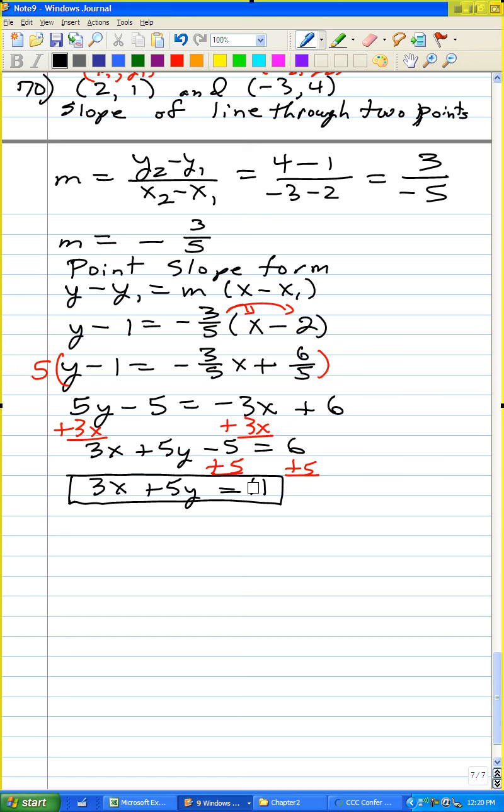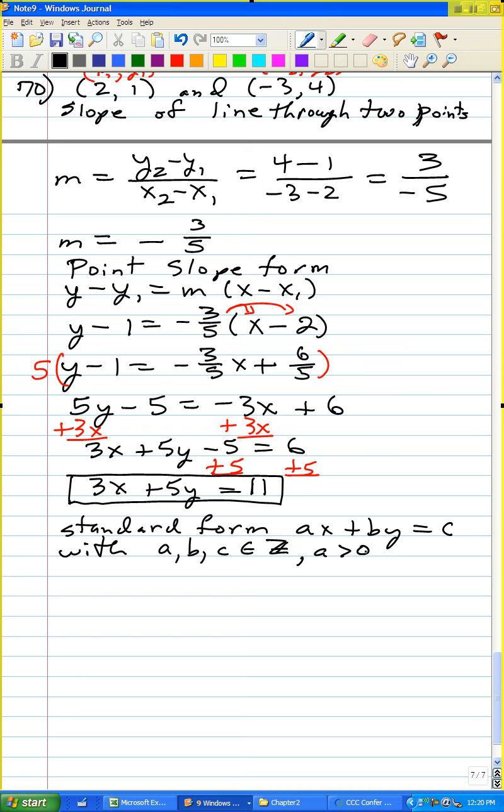And so this is in standard form, with a, b, and c being integers, a being greater than 0, and with the greatest common factor equaling 1.